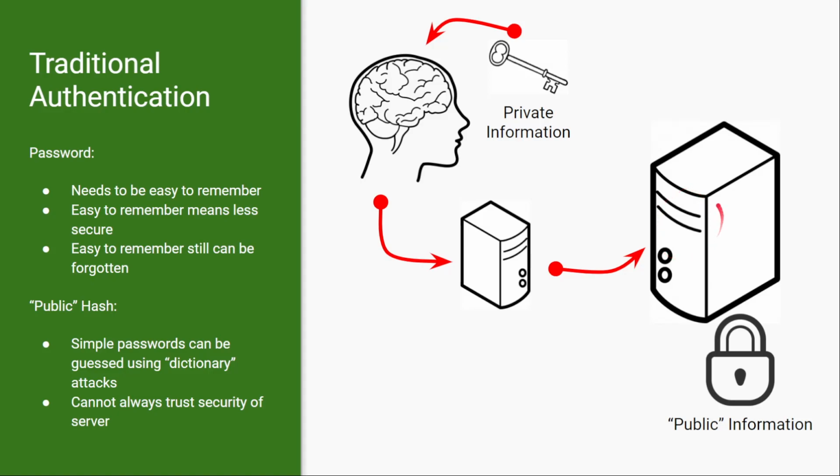And because your password is usually very easy to remember, these things can be guessed using special software and something called a dictionary attack to guess your password, and then everything's wide open, especially if you reuse passwords across different services. So we can't trust the security of these servers to keep these particular password hashes safe. So what do we do?